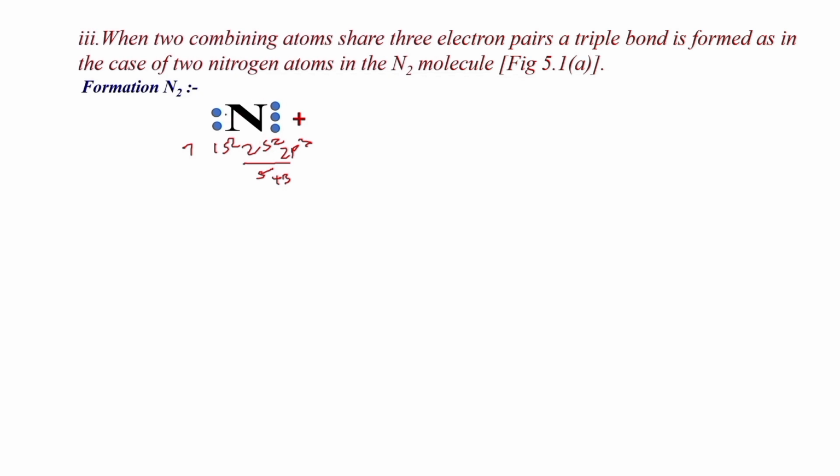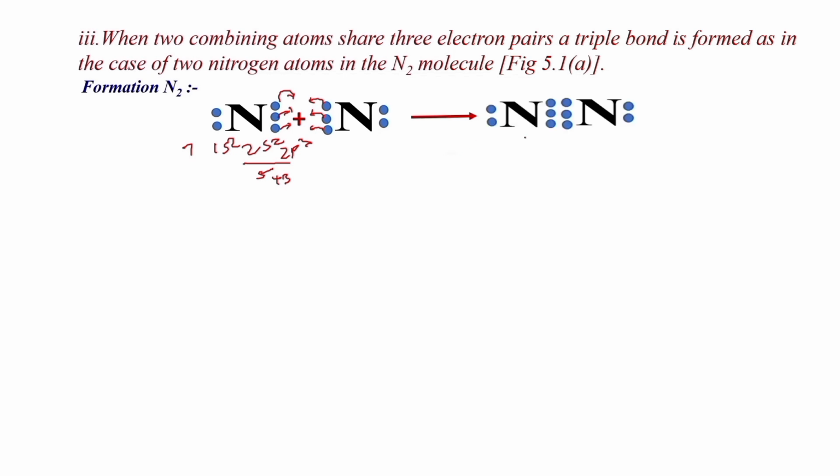These electrons are written in the form of dots. There are 5 dots, means 5 electrons in the valence shell of nitrogen. For the completion of octet, each of the nitrogens shares 3 electrons with the other, forming 3 covalent bonds.